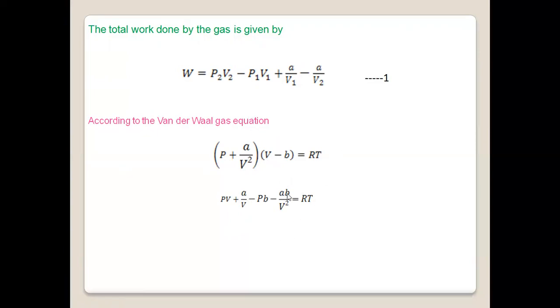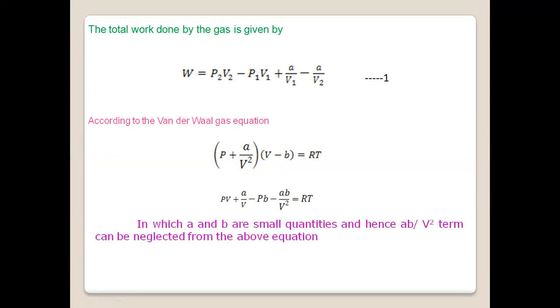But we know A and B are very small constants, so A into B is very, very small. For example, if A is equal to 0.1 and B is equal to 0.01, then A into B is 0.001, a very, very small value. Hence the AB by V square term can be neglected.